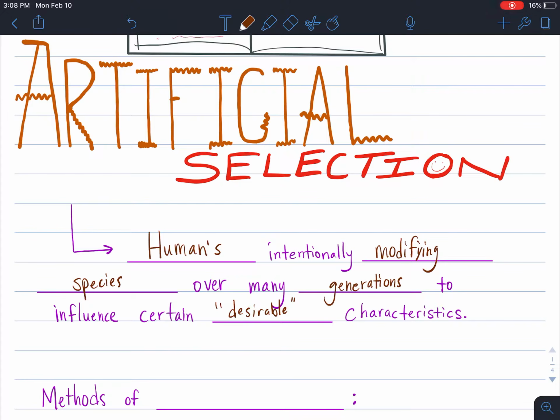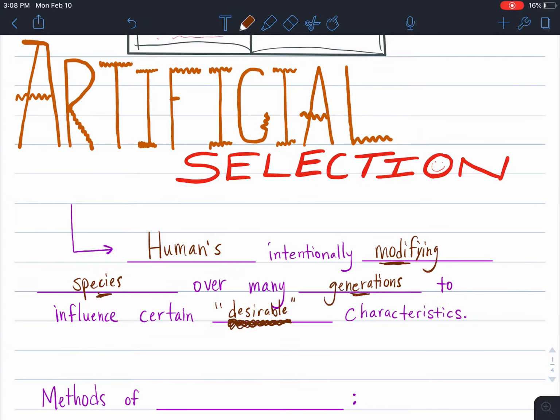Now you can see I put desirable in quotations there, because the person that determines if it's desirable or not is the person doing the experiment, or trying to modify the species over many generations.